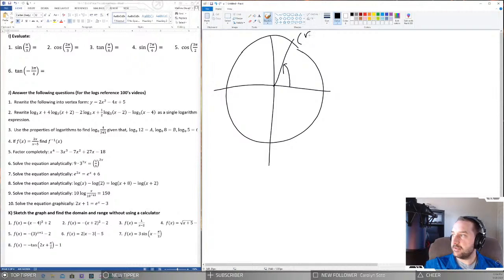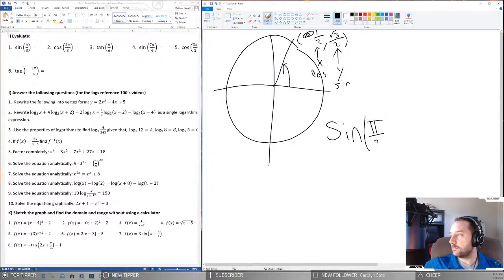My cosine is 1/2, my sine is root 3 over 2. And so the sine value is the y, the x is the cosine. So the sine of pi thirds equals root 3 over 2.